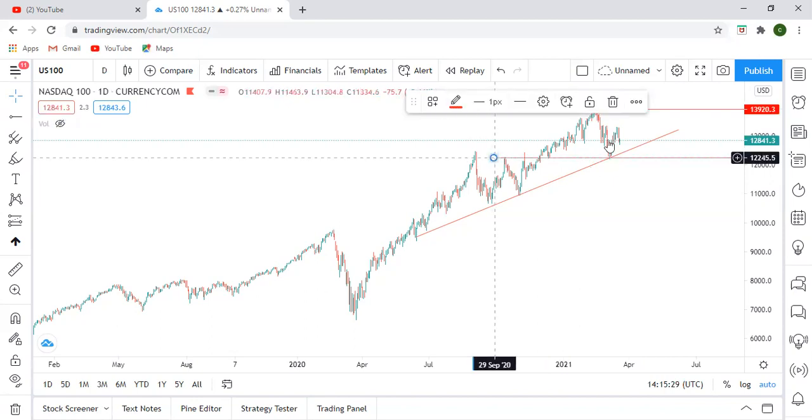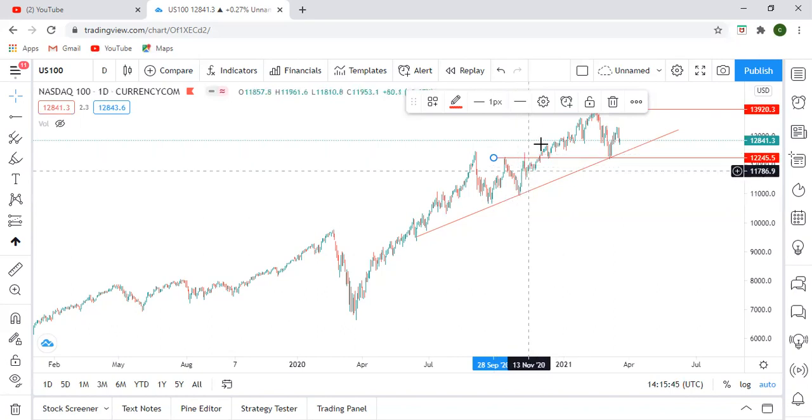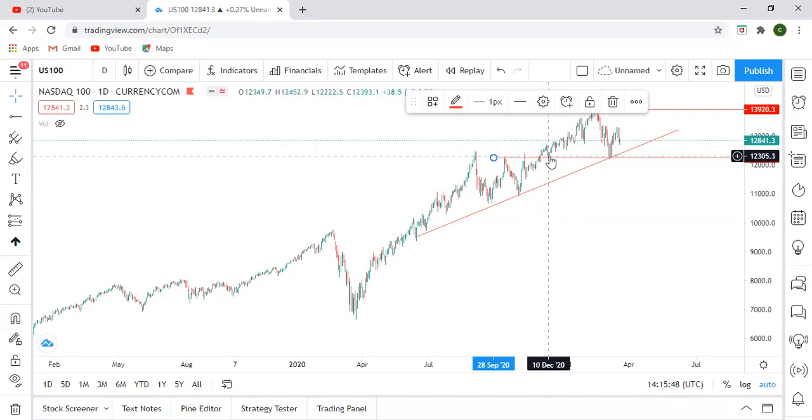This level always held. We rejected here, made a bounce off this ray, and then we went down and touched the trend line. When we reached this point, we rejected here, and then went down. When we broke this ray, we came for a retest, and then we pushed up.